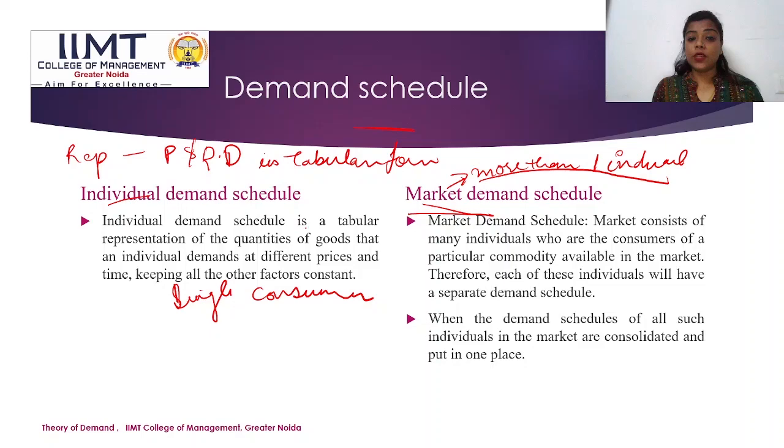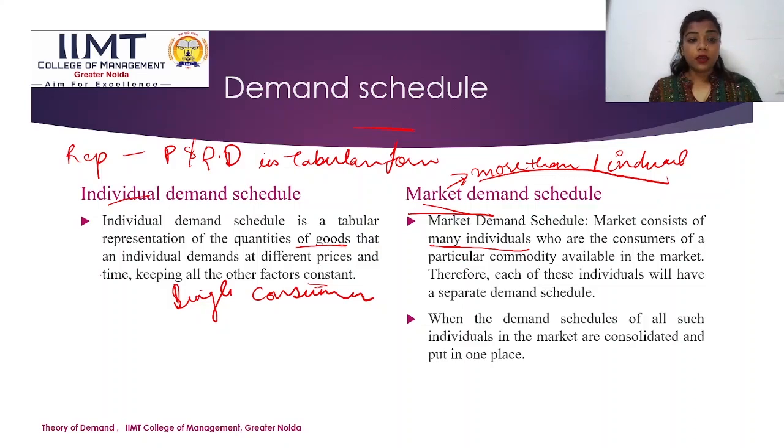Individual demand schedule is a tabular representation of quantities of goods that an individual demands at different prices and time, keeping all the other factors constant. So we are here talking about only a single individual, but under market demand schedule, we are going to take many individuals who are the consumers of a particular commodity.